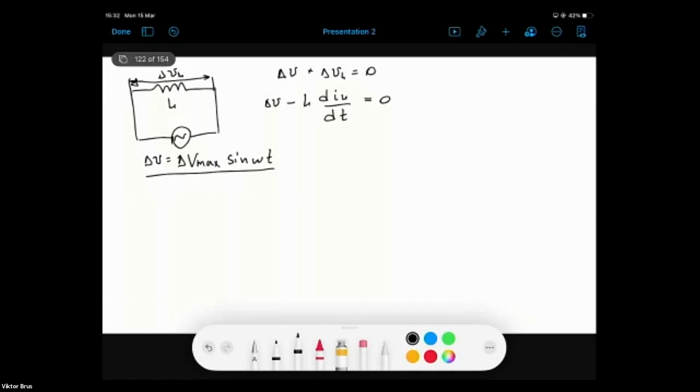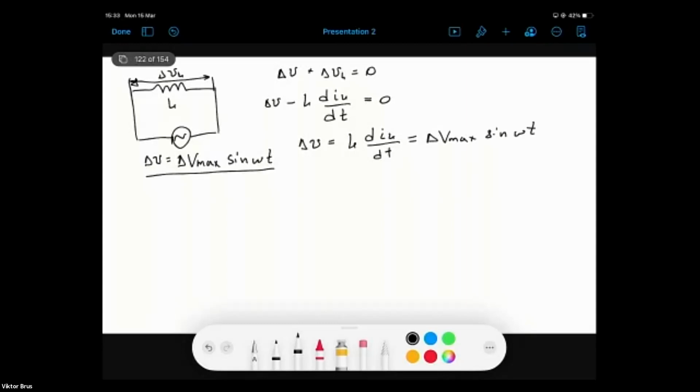So we can write now that delta V is equal to L times dIL over dt. And this is equal to what we actually apply, which is delta V maximum times sine omega t.